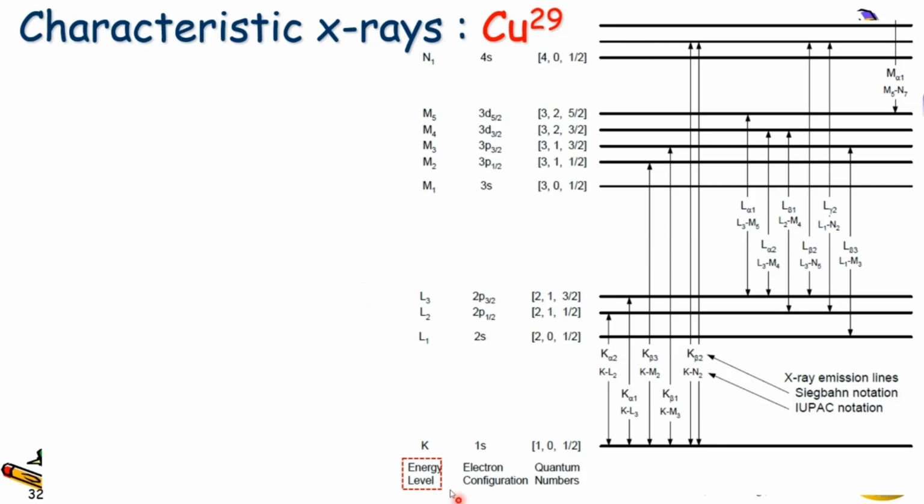Okay, so think of the K, L, M, N shells, right? And here is the electron configuration, this is the second quantum number, right? 1s, 2s, 2p, 3s, 3p, 3d, 4. And this is the fourth quantum number, this is the third quantum number. Sorry.